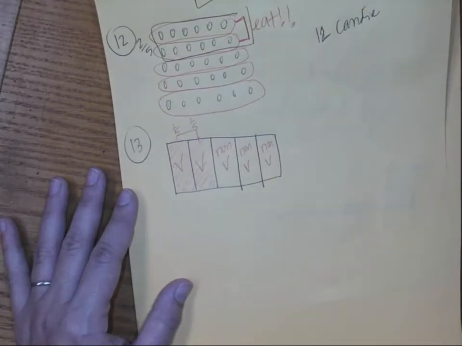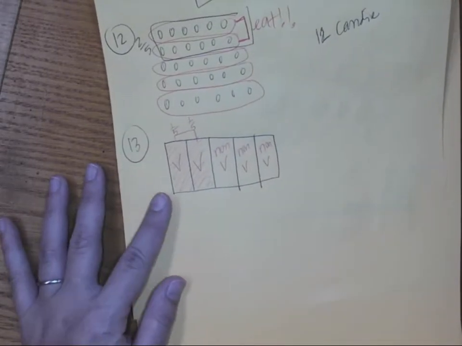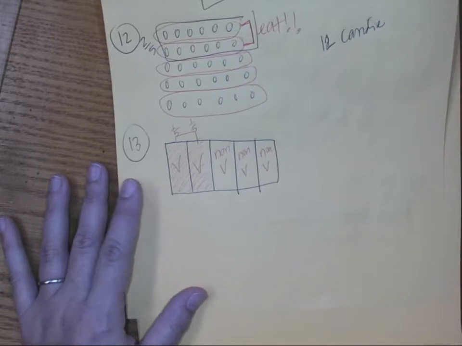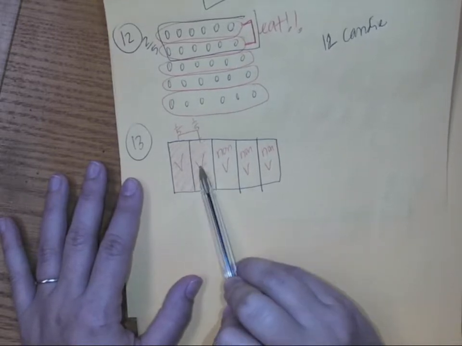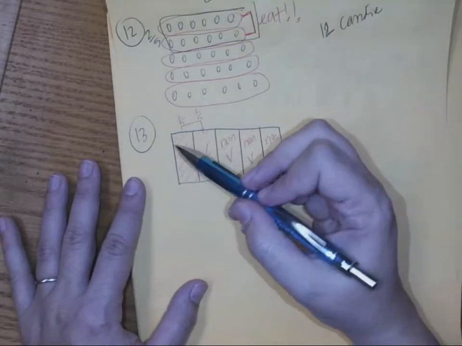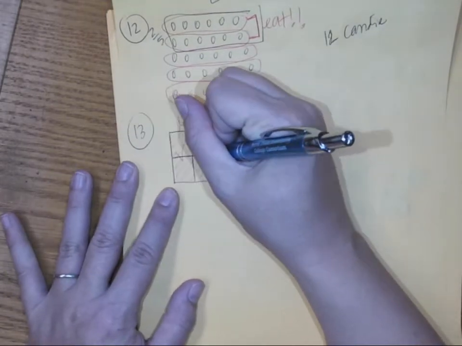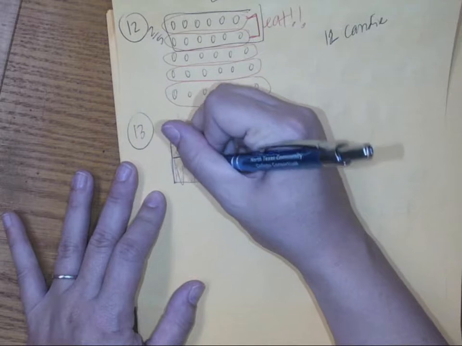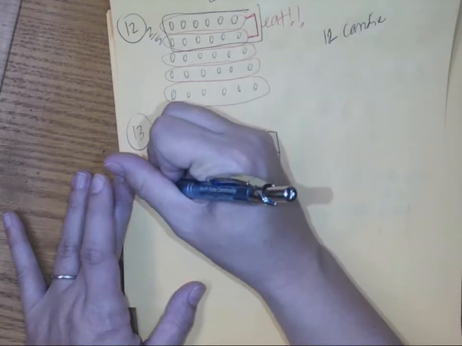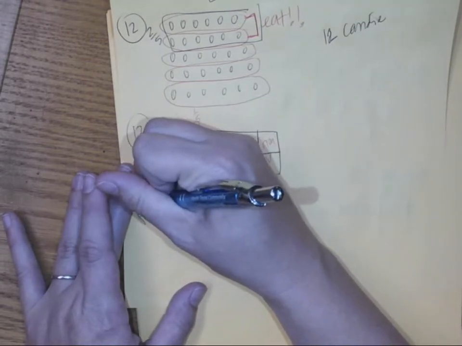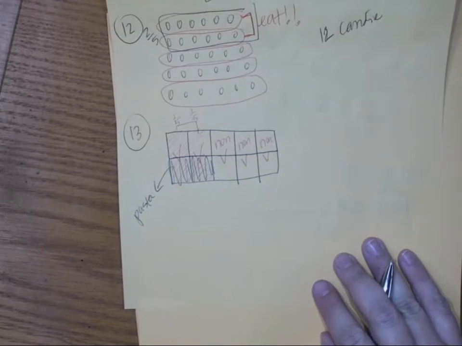It says of the 2/5 of the vegetarian dishes, half of them are pasta. So half of this is pasta. So you could see it as one of these 2 pieces is pasta, or you could split all of this in half and say these are pasta. Either way will get you the same answer.